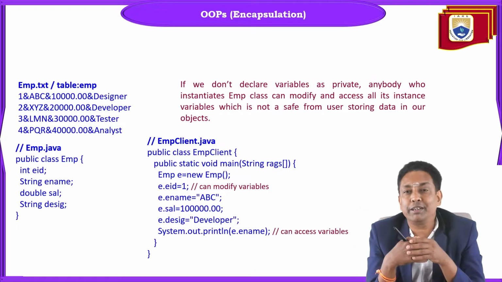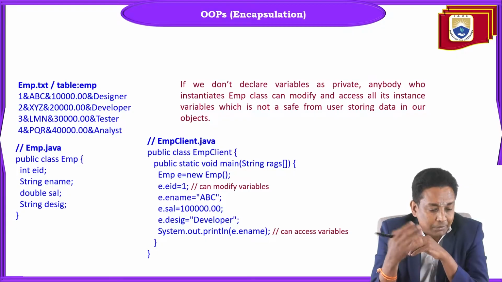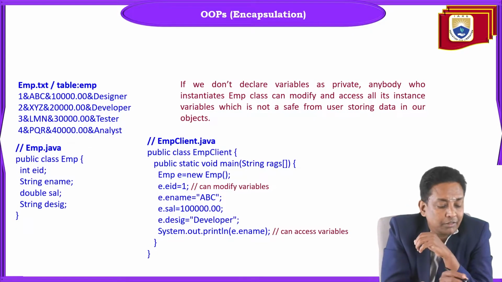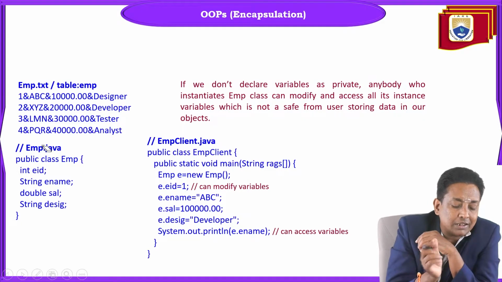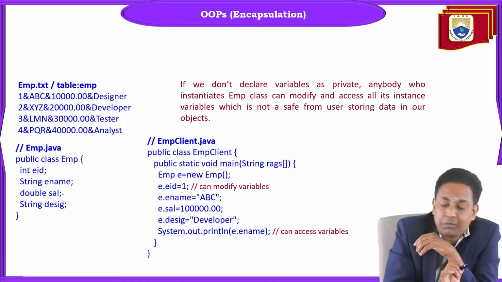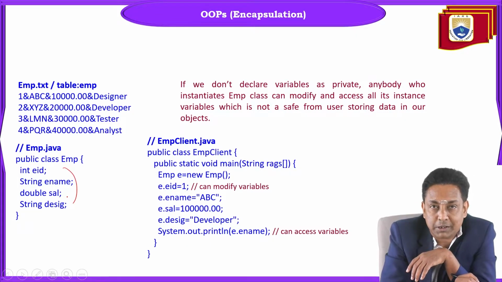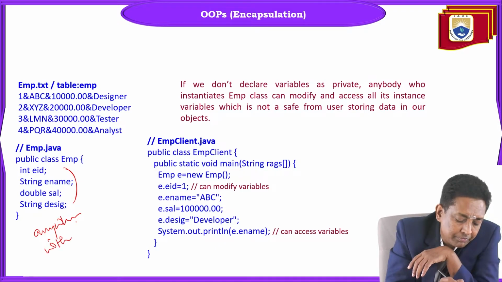Right from the first program, we started writing classes as public, so we wrote public class employee, but don't feel any special significance about this access specifier. In the class, we declared employee ID, name, salary, and designation. What is the scope of these four variables? These 4 variables can be accessed anywhere within the package.